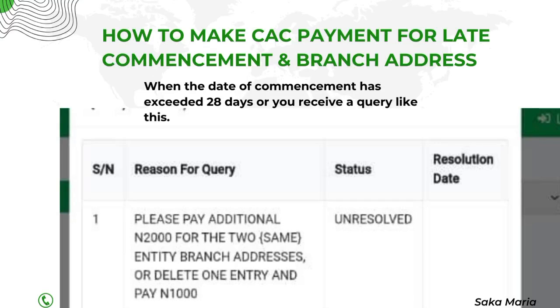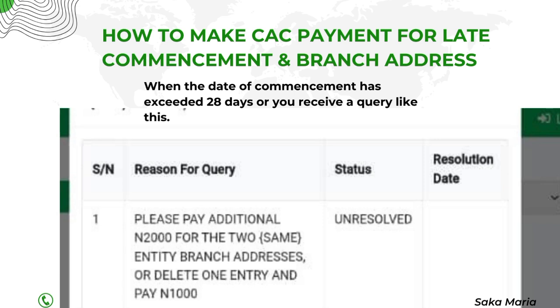So in today's video, I'll be teaching you how you can make CAC payment for late commencement and branch address. Now, what does this mean? I'll break it down. If you register your business, if you are doing a full registration, your incorporation, and you put a date that exceeds 28 days, it means you are going to pay 150 naira per day.